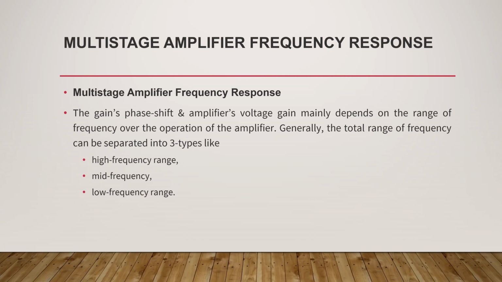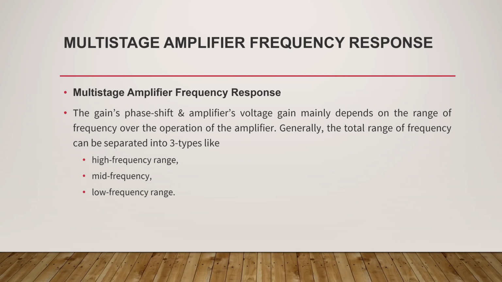In our amplifiers, the frequency response graph is divided into three parts: high frequency range, mid frequency range, and low frequency range. Based on the region in which the frequency lies, the gain is drawn, so there are three frequency regions.